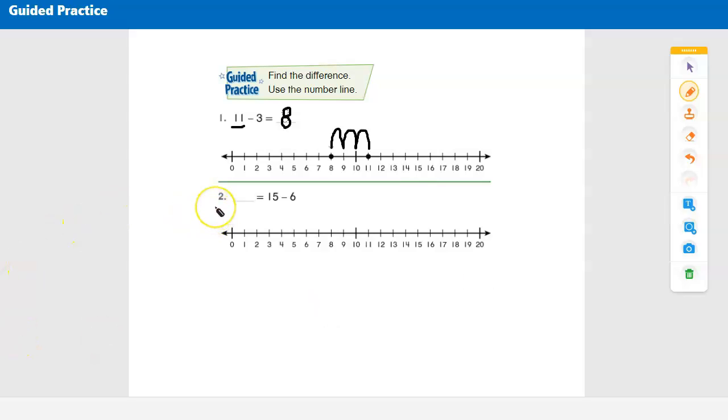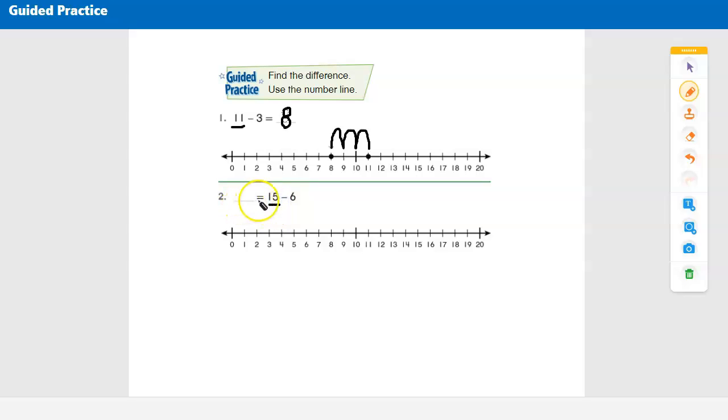Now let's look at number 2. Now number 2 is set up a little bit different. On number 2, we are looking for the missing number that equals 15 minus 6. So the way we could use our number line to solve this is still start with our whole.